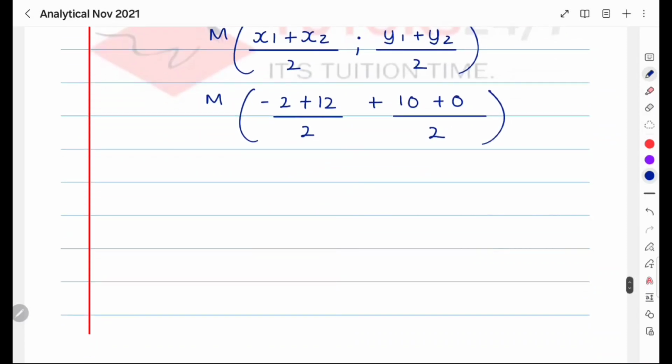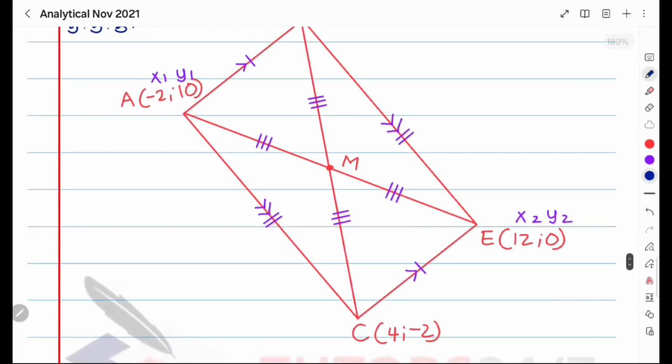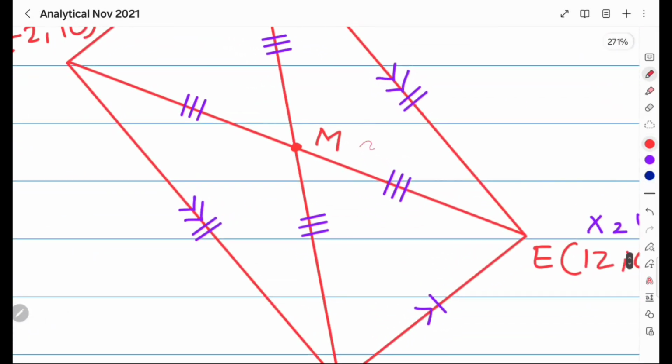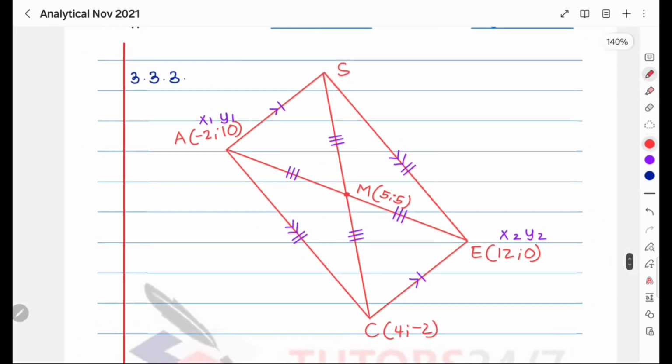We can put this into our calculator, and we therefore have the midpoint coordinates as 5 and 5, meaning that the point of intersection of the two diagonals of this parallelogram is 5 and 5.